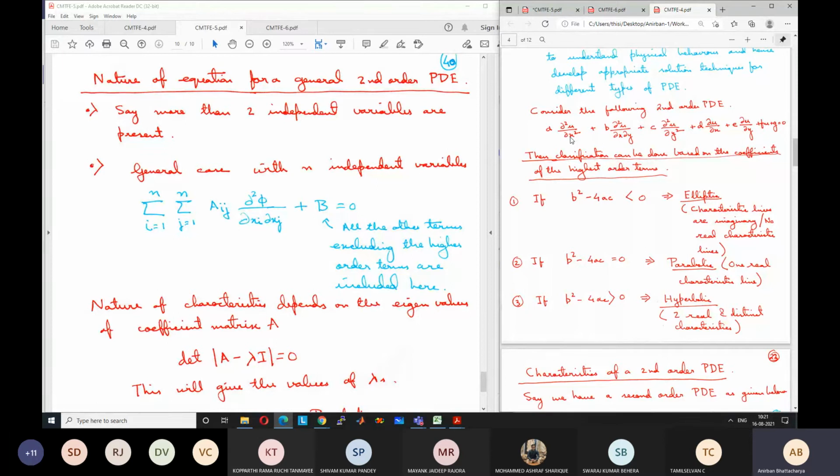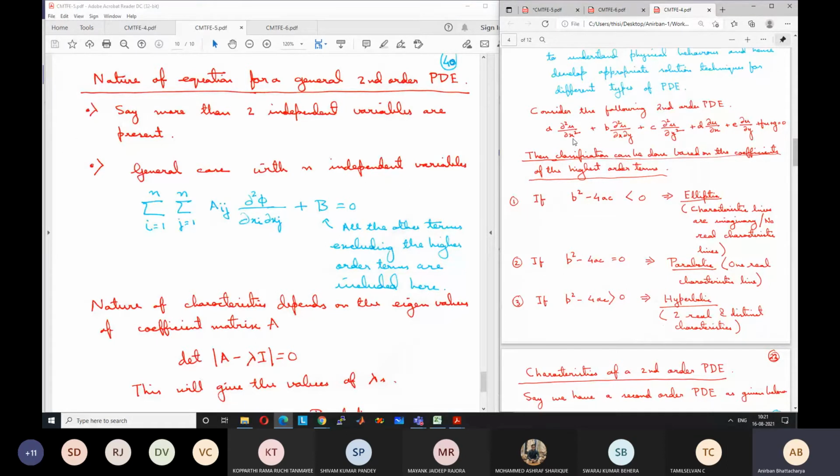So if the independent variables are x and y, the equation can be written as A del square U del x square plus B del square U del x del y plus C del square U del y square plus H, where H is all the other terms, equal to 0. And then we can use this method for classification: the sign of B square minus 4AC gives us the nature of the equation.